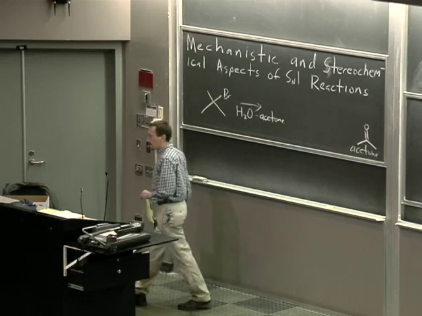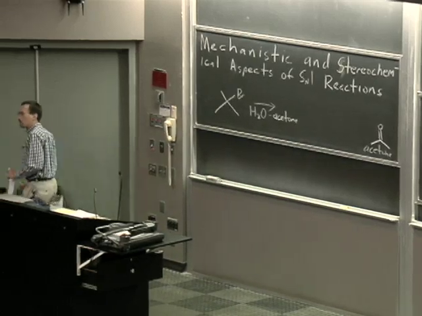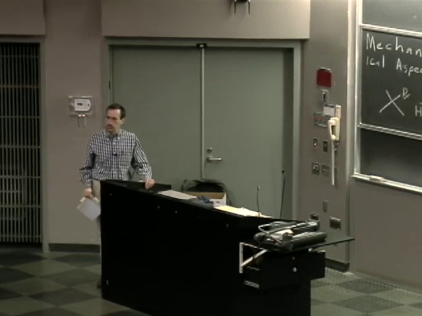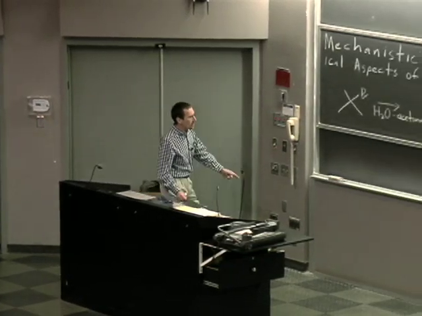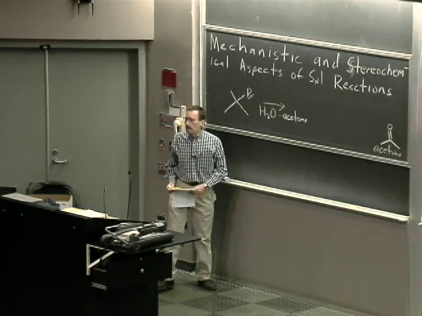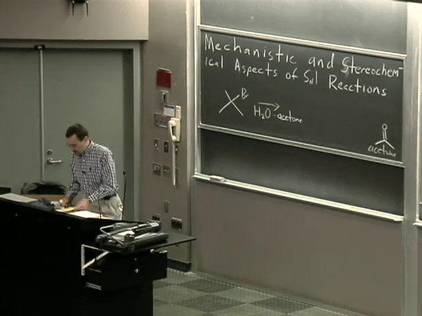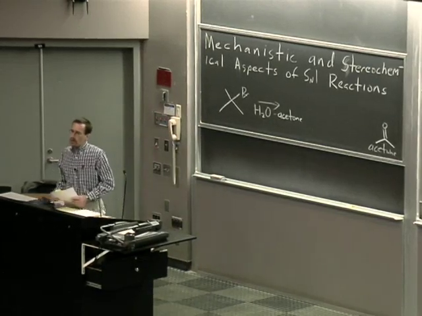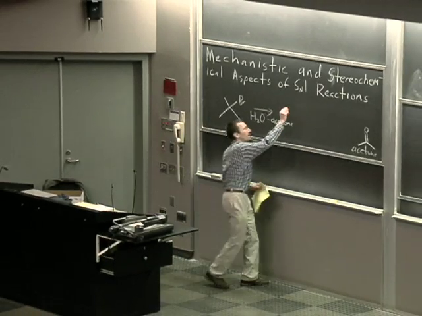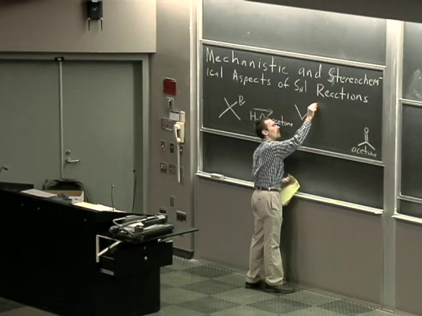Acetone is a very polar molecule, mixes with both water and organic molecules, so it can bring them together. It's going to be a spectator here. Under these conditions, we get one major product from the reaction, and that's 2-methyl-2-propanol.